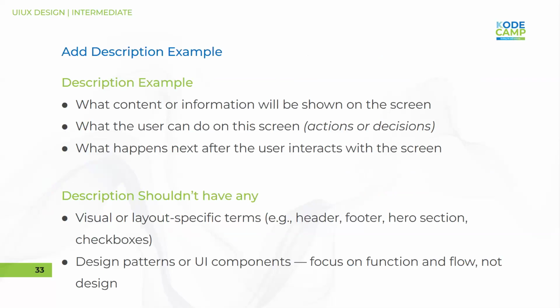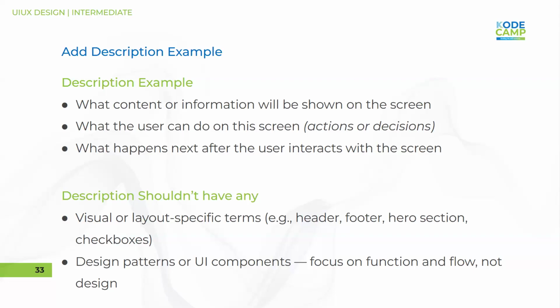For each screen, you should have info like what info the user sees, what they can do, and what happens after the action. That is, what content or information will be shown on the screen, what the user can do with this screen, and what happens after the user interacts with the screen.